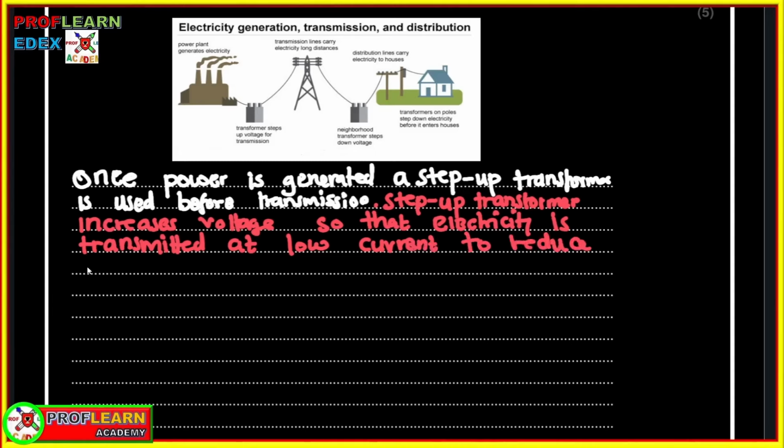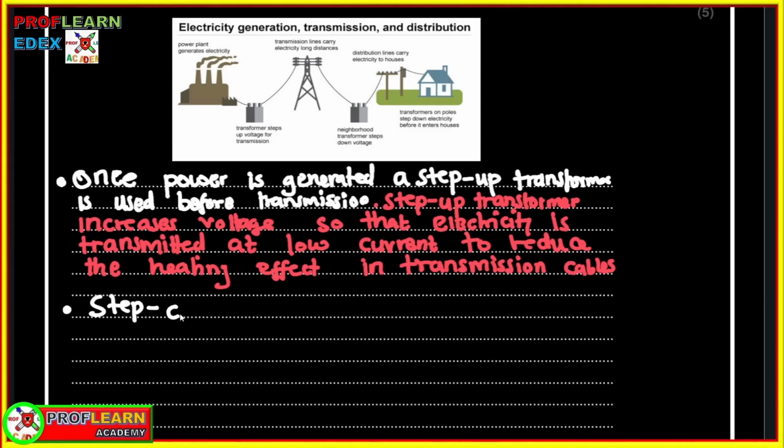When this electricity reaches nearby the homes where people need to use it, or different industries, we have in our neighborhood transformers which we call step-down transformers, which reduce the voltage to a manageable level, so that we can use it in our devices and avoid electric shocks and overloading.